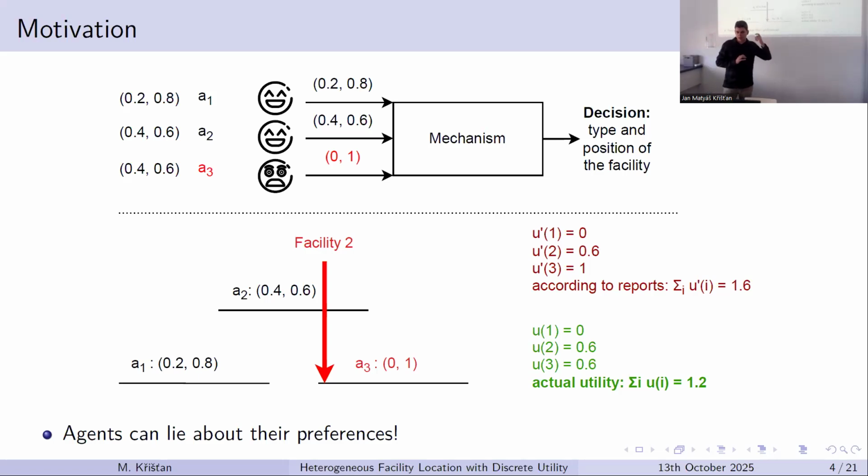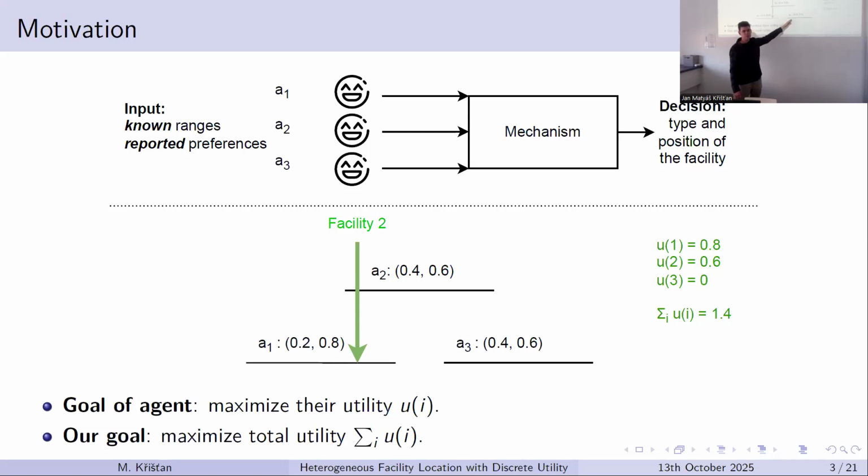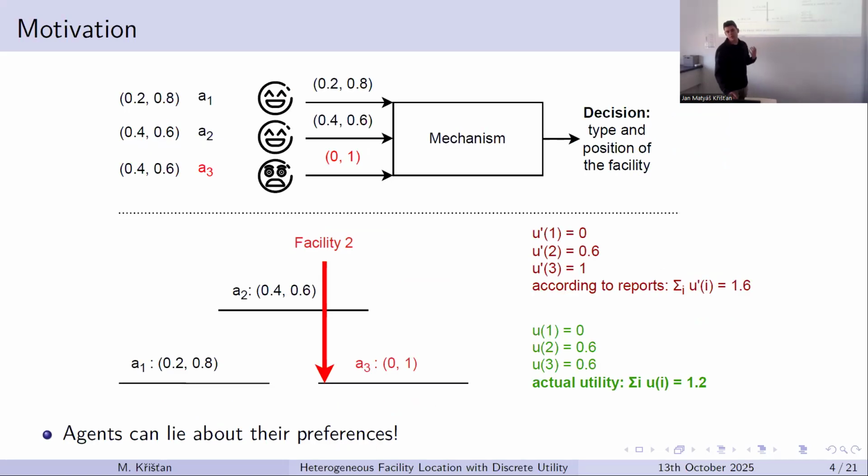The agents want to maximize just their own utility, so they can try to help themselves. So you can imagine if we have these three agents, then in the original solution, agent 3 is not very happy because he gets nothing. We assume that all the agents know exactly how the mechanism works, so they can change the values that they report so that they get a better outcome.